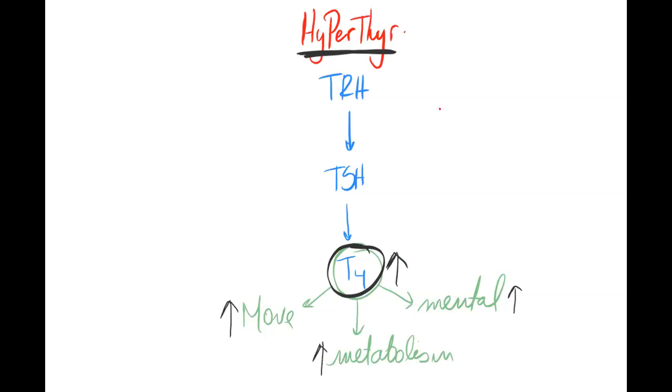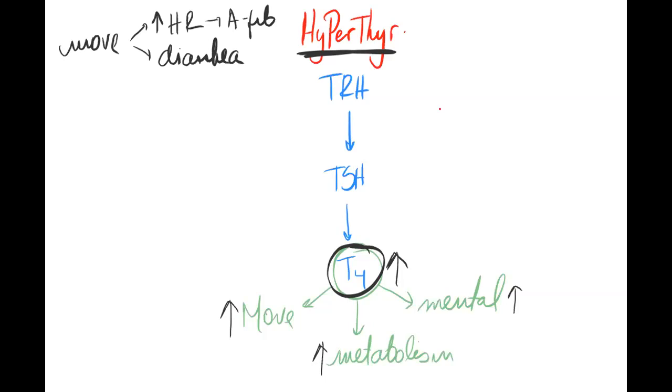The symptoms that hyperthyroidism is going to give us related with the movement are an increase in the heart frequency, the heart rate, that can produce AFib. And we are able to get diarrhea, because the diarrhea is related with the increase of the movement of the gut.